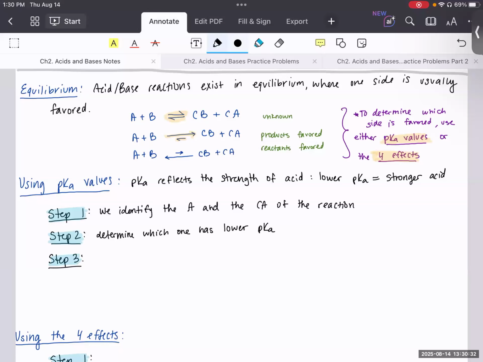So equilibrium will favor the side with the higher pKa value. And I'm going to highlight this just so we always remember that the equilibrium will favor the side with the higher pKa value.